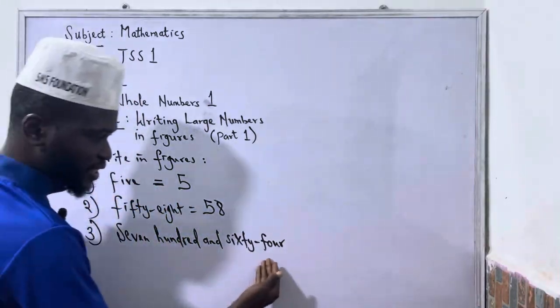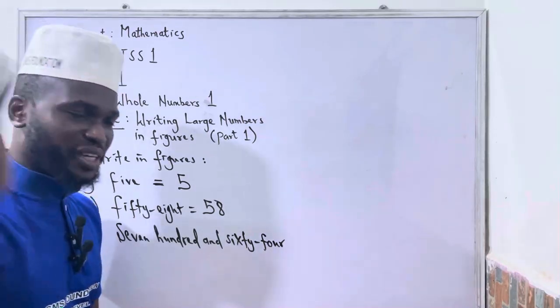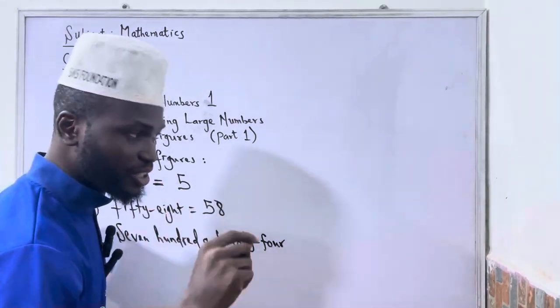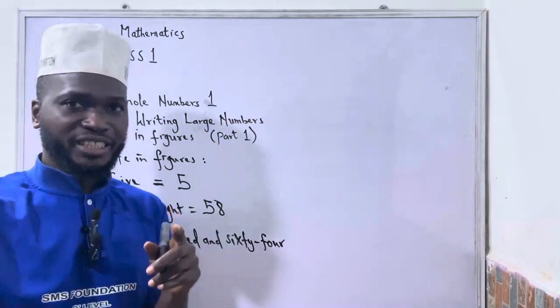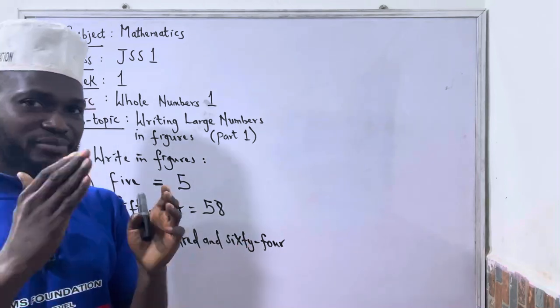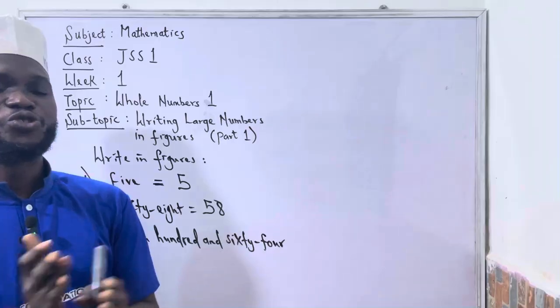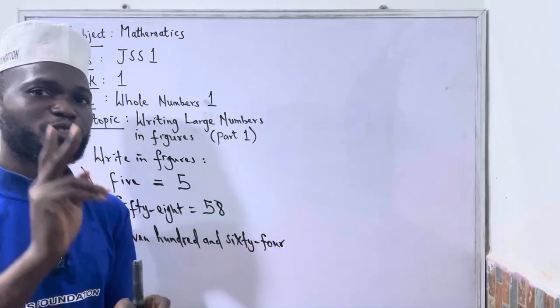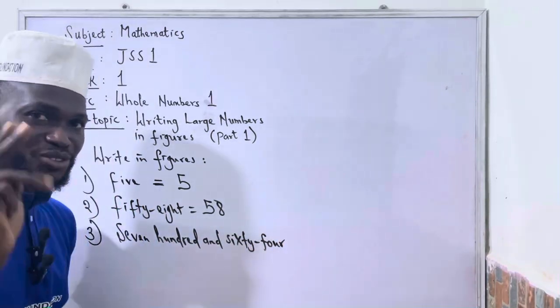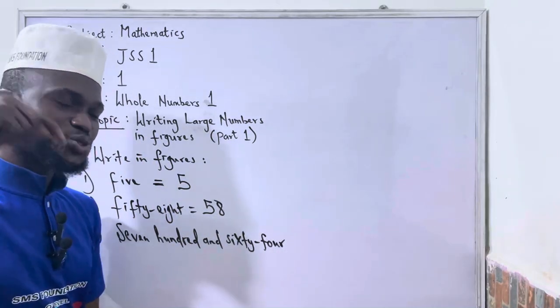When I was teaching writing numbers in words, I said we can group numbers into families, and each member must contain 3 digits. That is why you need to take 3 digits very seriously. You need to succeed in knowing how to write 3 digits.